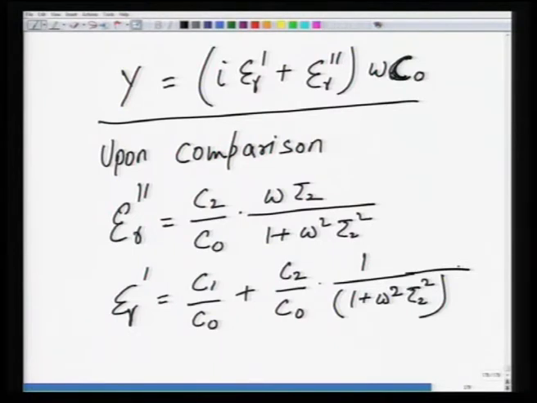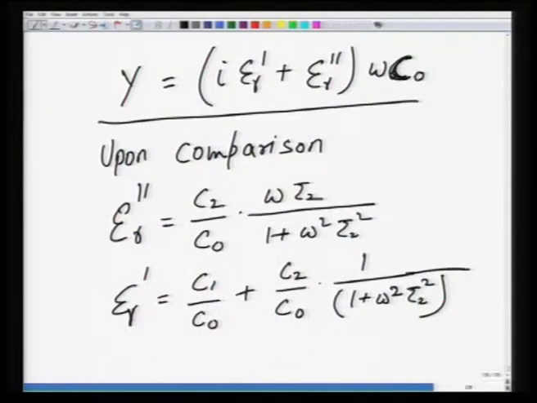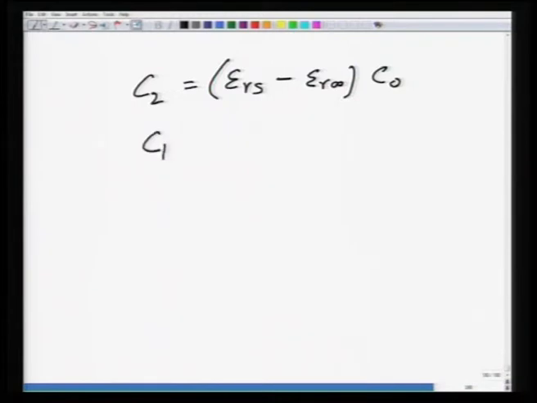Now, if you compare these with the Debye equations, they are fairly similar. You can write the Debye equation parallelly and make a comparison. Upon comparison, what you will find is that these two equations are very similar, with C2 equal to epsilon rs minus epsilon r infinity multiplied by C naught, and C1 being epsilon r infinity.